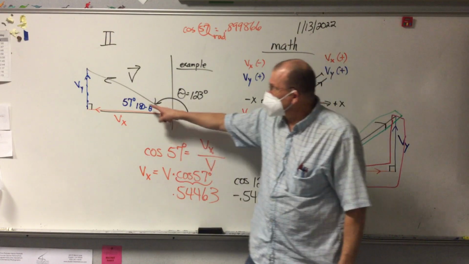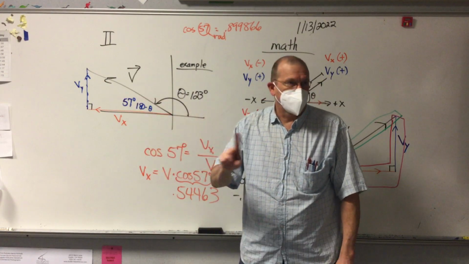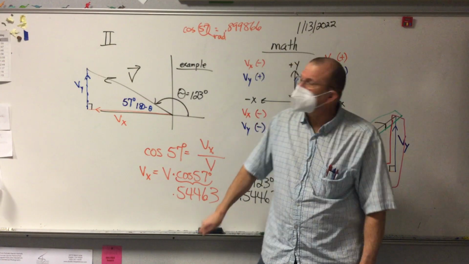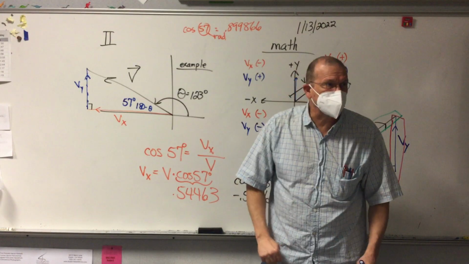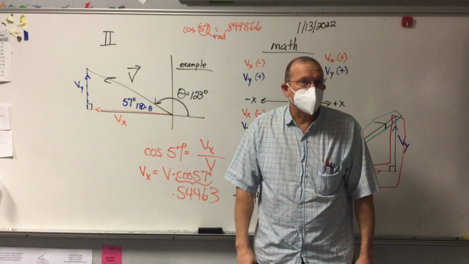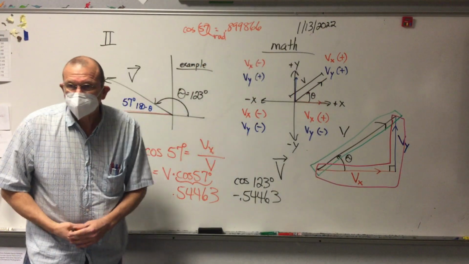When you are taught to use a reference angle in math, you will never ever get a negative sign on anything, because that limits the angle that you do your sine, cosine, or tangent for to being positive between 0 and 90. So you will never get a negative number from that.